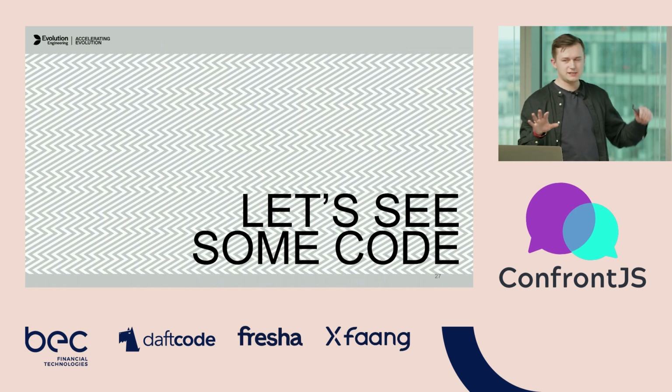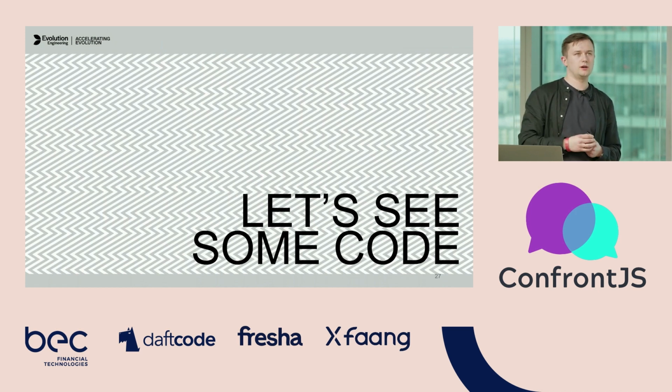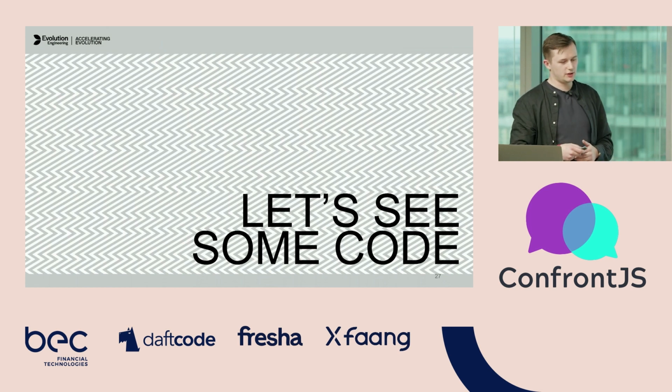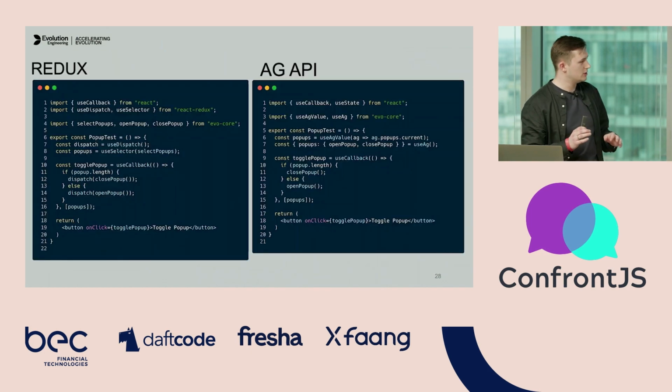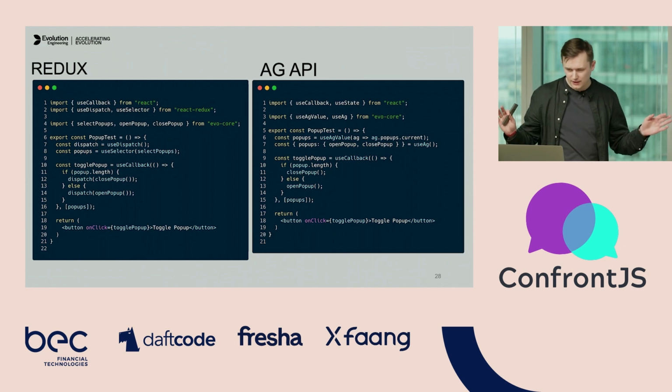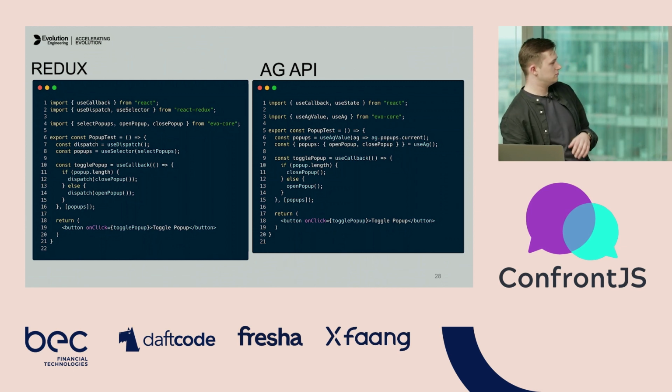Now let's see some code of how the code changed when we moved from direct usage of Redux actions and selectors or whatever in our components to the abstract game API. So here we can see a very simplified component that will toggle a pop-up on click, right? So what do we have here?